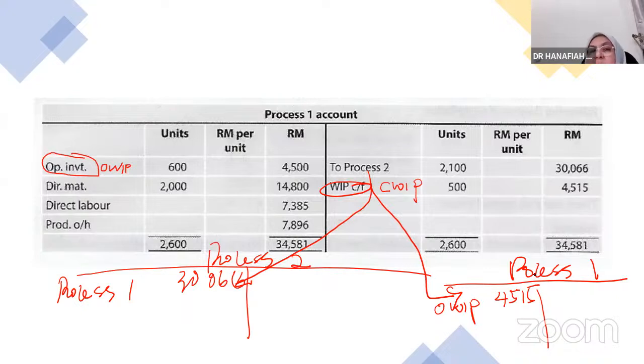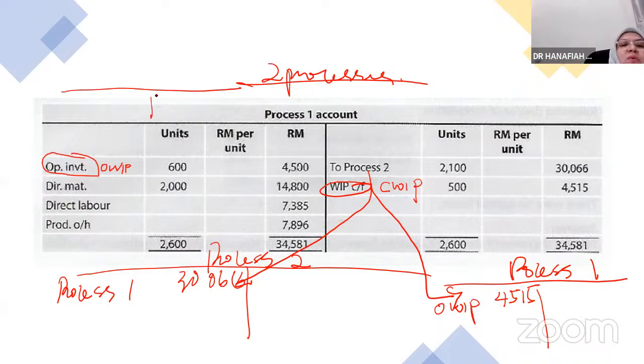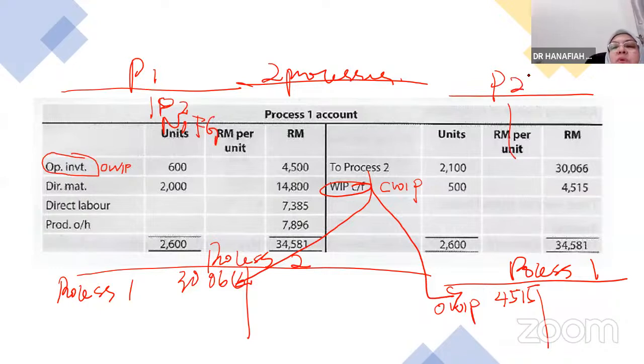Let's say you have two processes. In process 1, only what is completed can be transferred to process 2; there is no finished good in process 1. But in process 2, you may reach the finished good if only two processes are involved in your production.